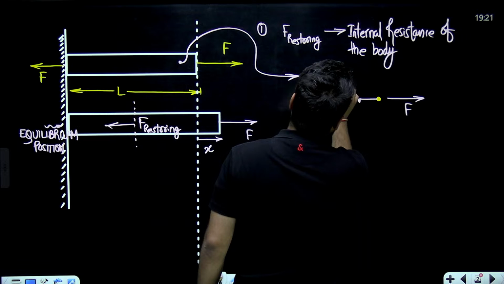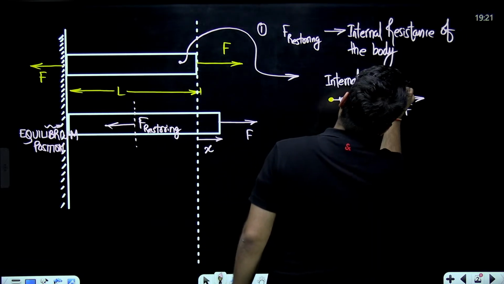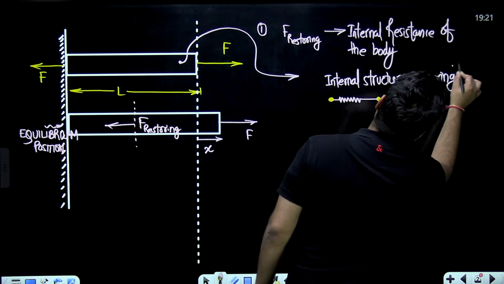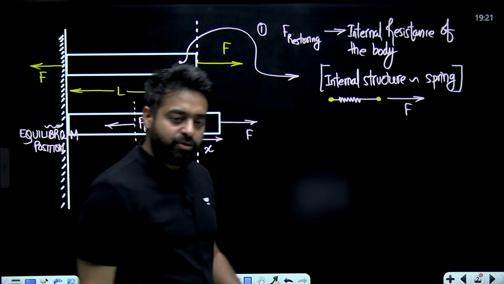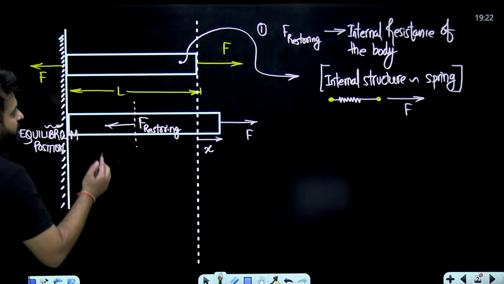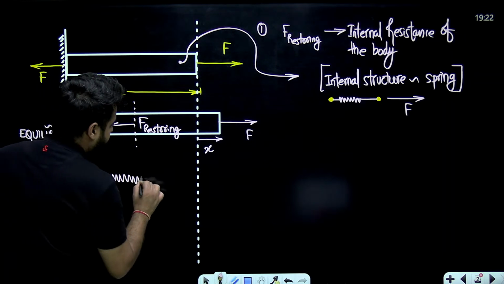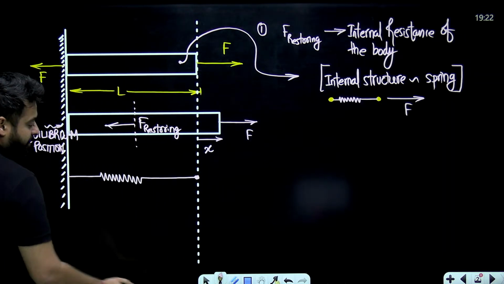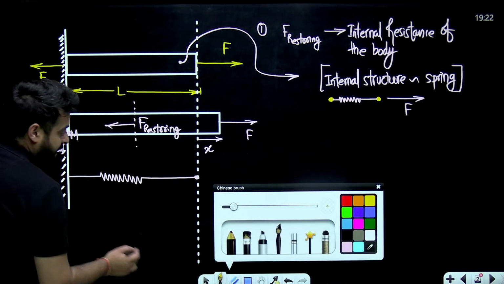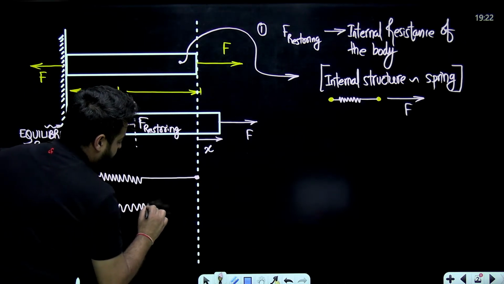So the internal structure is almost similar to a spring, and you can assume the spring concept, which is going to happen for sure. So you can assume this material is completely like a spring, and whenever you apply any force on a spring at its natural length, what happens? The spring will get extended by some value, or not?